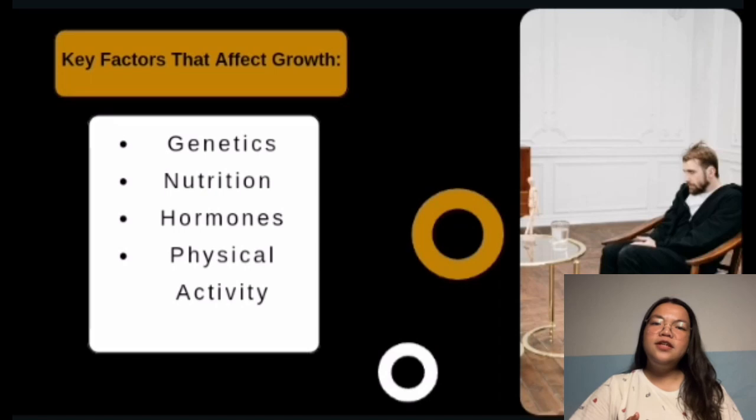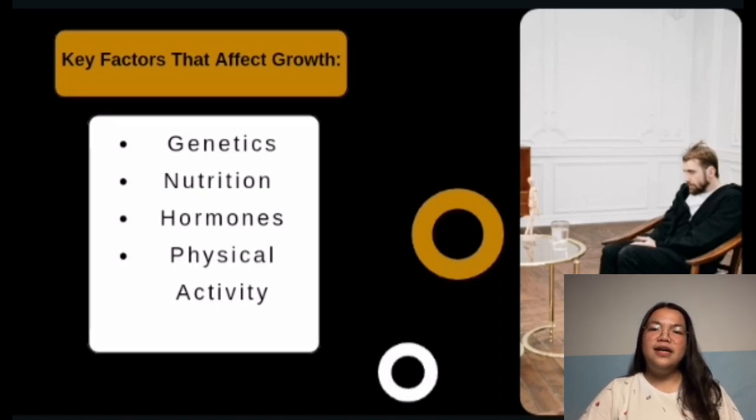So, physical growth has key factors that affect our growth. First is genetics, nutrition, hormones, and physical activities. In genetics, our height, body structure, and potential muscle growth are inherited from our parents. Next is nutrition.